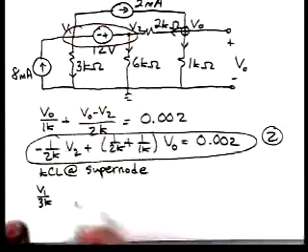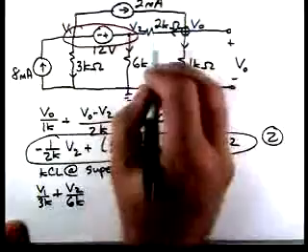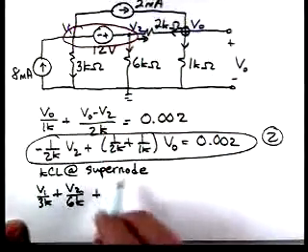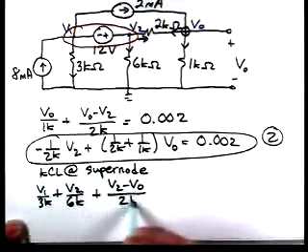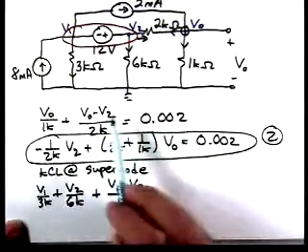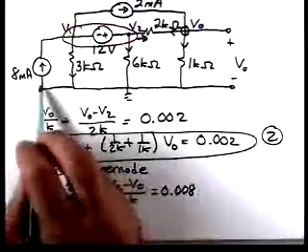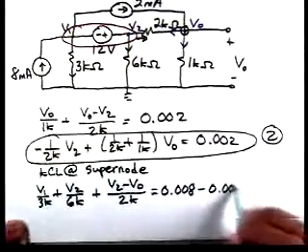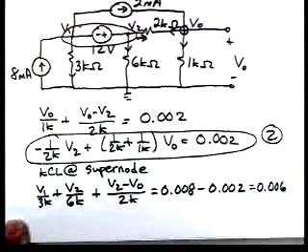Then this current will be V2 over 6K. And then this current will be V2 minus V0 over 2K. Okay, there's the current leaving through those resistances. Now currents entering from sources will have 0.008, which is that current. And then we'll have a current of 0.002 leaving. So that'll give us 0.006.